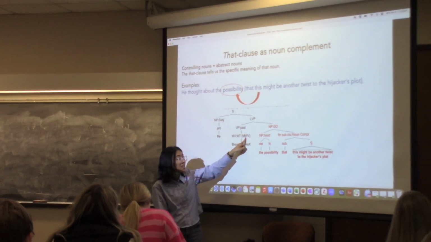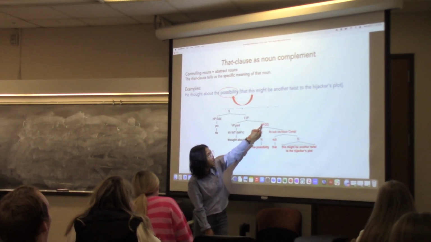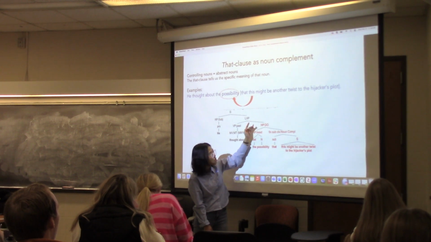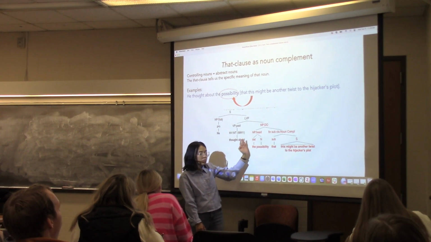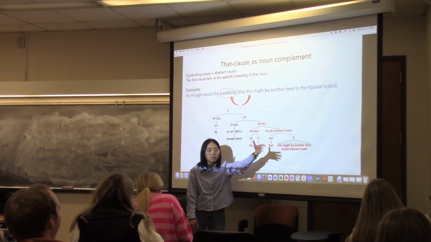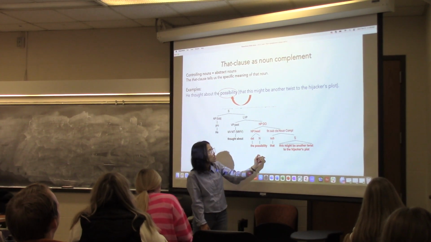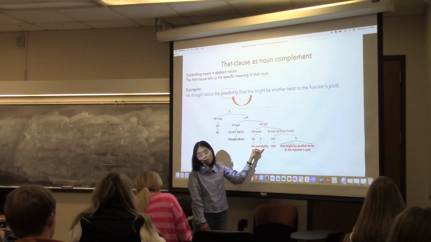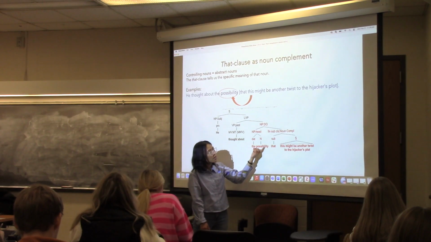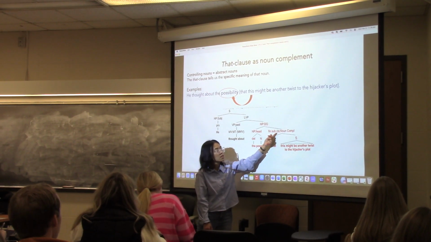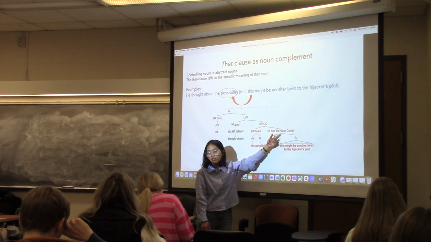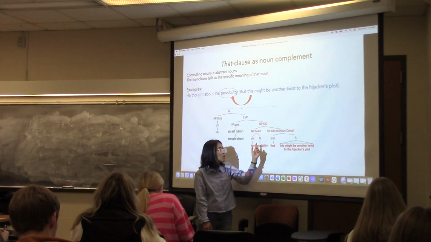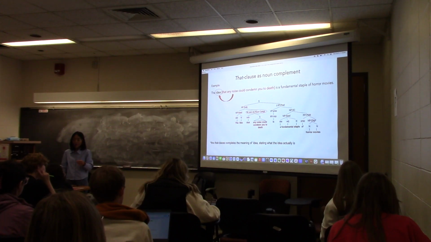Multi-word verbs, exactly. Then you have the noun phrase functioning as the direct object, which is the possibility and the rest. All of those belong to the noun phrase. Then you specify the head, which is the possibility, and you draw the finite subordinate clause functioning as a noun complement for the possibility. It's like you're ready for practice.